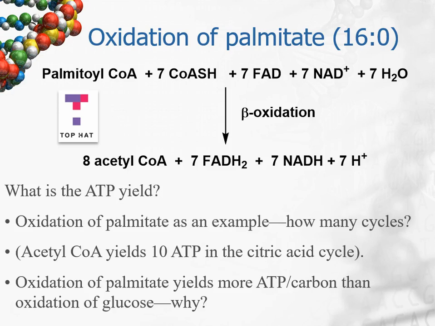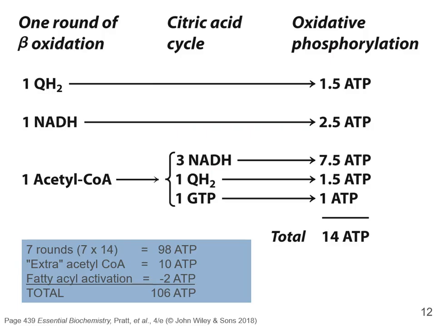The other thing to note is that the carbons in palmitate are more reduced. Almost all of them, except for the first one, are completely bonded to hydrogen, whereas the carbons in glucose are partially oxidized. So you get a whole lot more NADH and FADH2 when you break down fatty acids than you do from glucose. So that's why fat is so fattening.